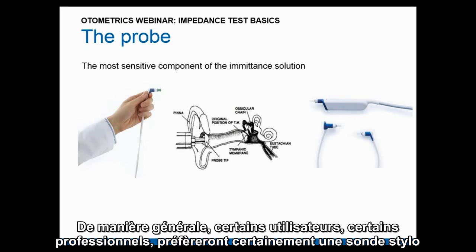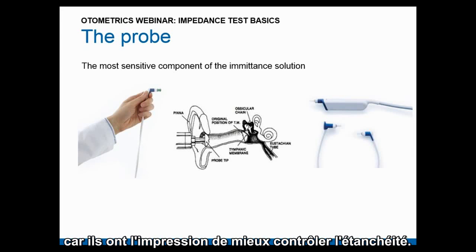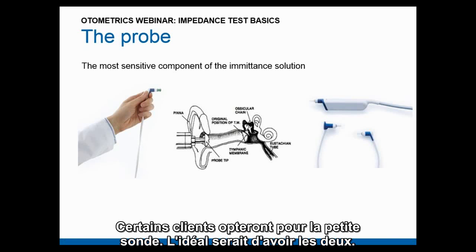Basically, some of the professionals will definitely prefer to have a pen probe because they can feel that they have a better control on the sealing. Some of the customers will prefer the tiny probe.